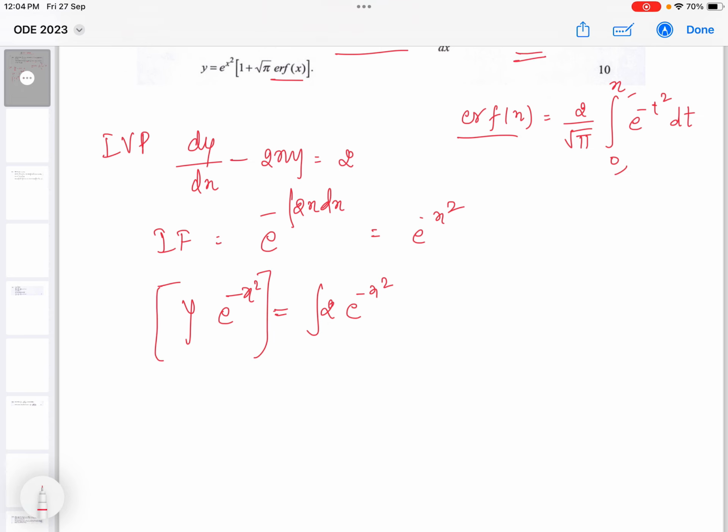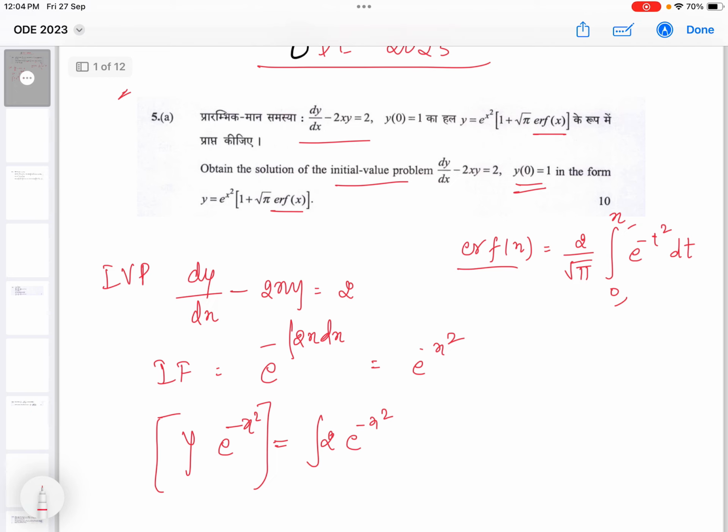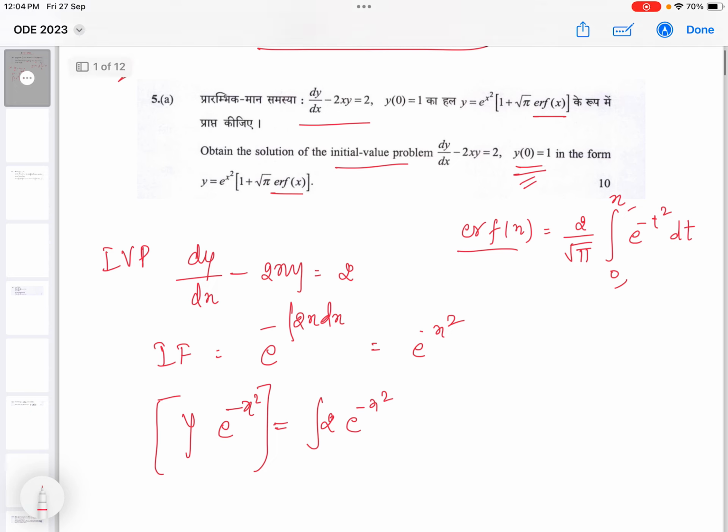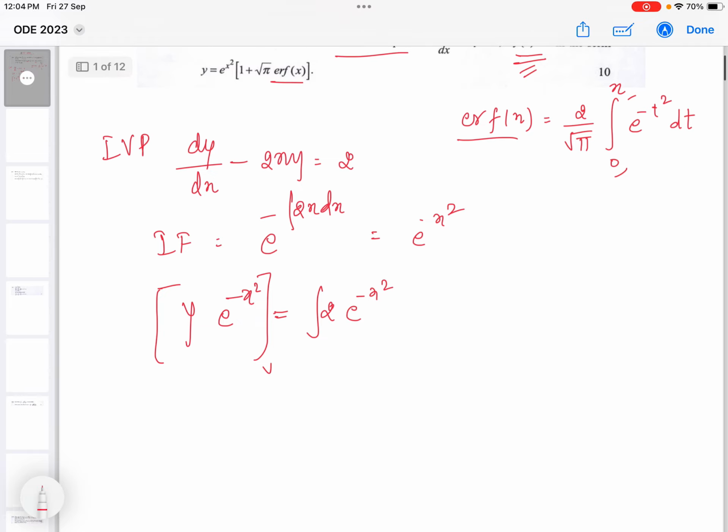The initial condition is y equals 1 at x equals 0. So putting it here, y equals 1 at x equals 0 and y at general x. Putting the limits on the RHS, x equals 0 to general x.